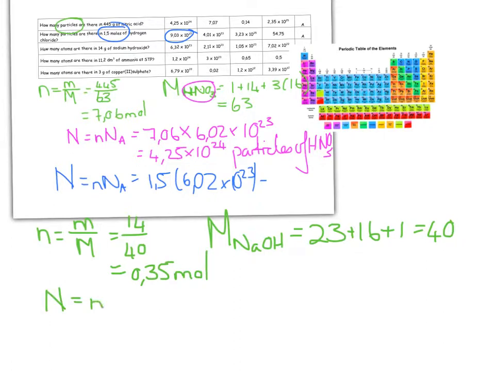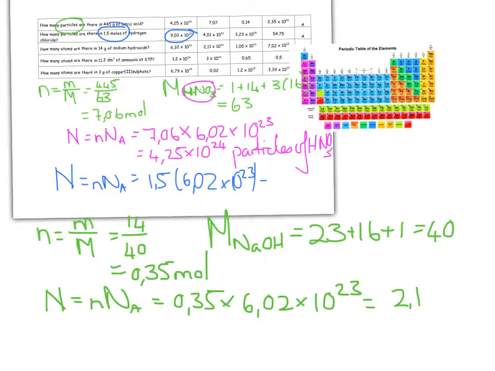I then say how many particles have I got? Number of particles is number of moles times Avogadro's number, 0,35 multiplied by 6,02 times 10 to the 23. And I land up with 2,1 times 10 to the power of 23, which is all well and good, but that's not the question. That is the NaOH particles.